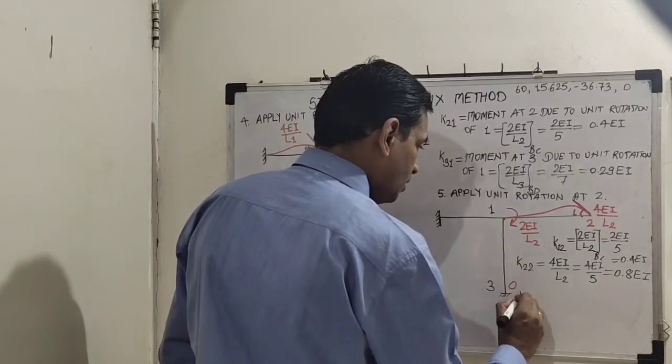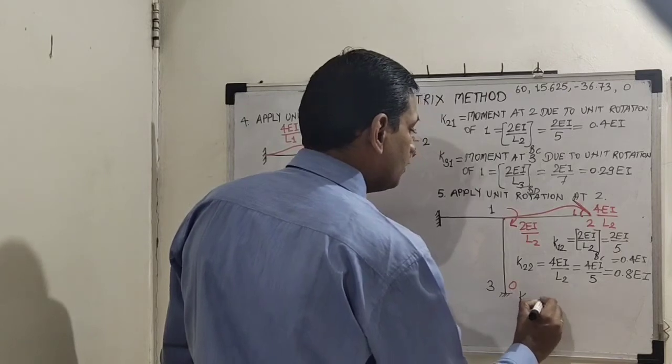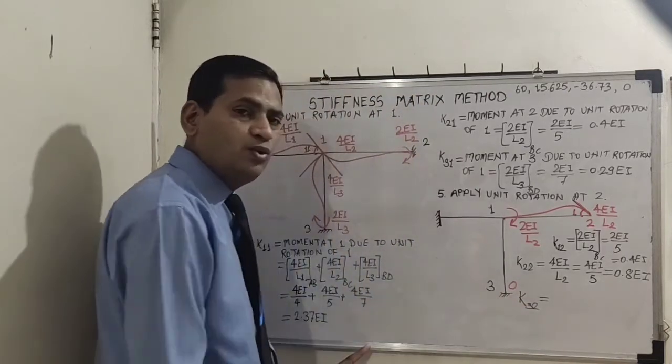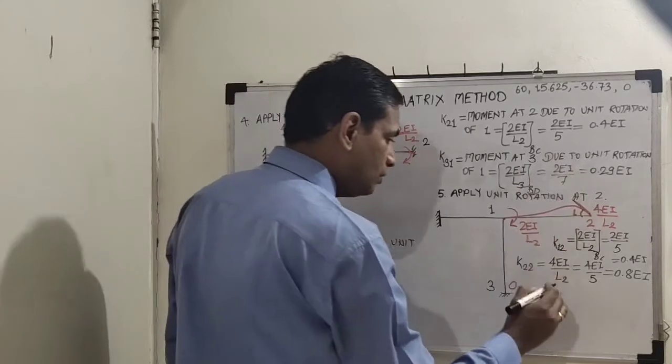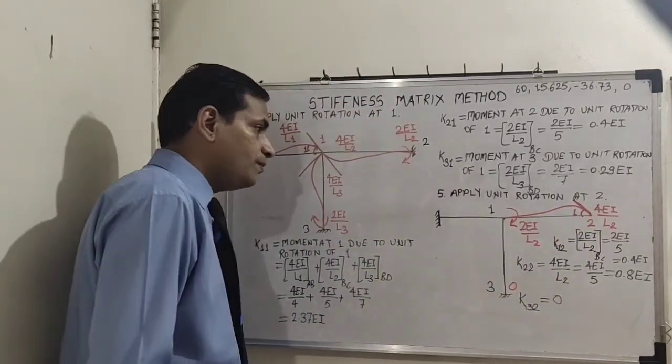Then K32, moment at 3 due to unit rotation of 2, is 0. So these are 0 values.